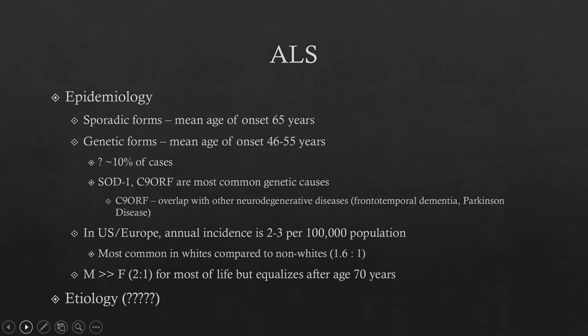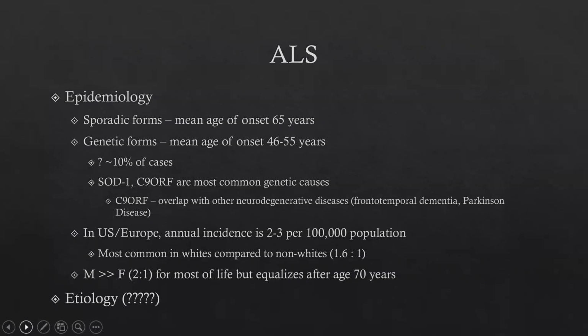Again, these are predominantly in the Caucasian population, more than in the Black population. But what is important to highlight is that C9ORF72 can overlap with other neurodegenerative diseases, among them frontotemporal dementia and Parkinson's disease.